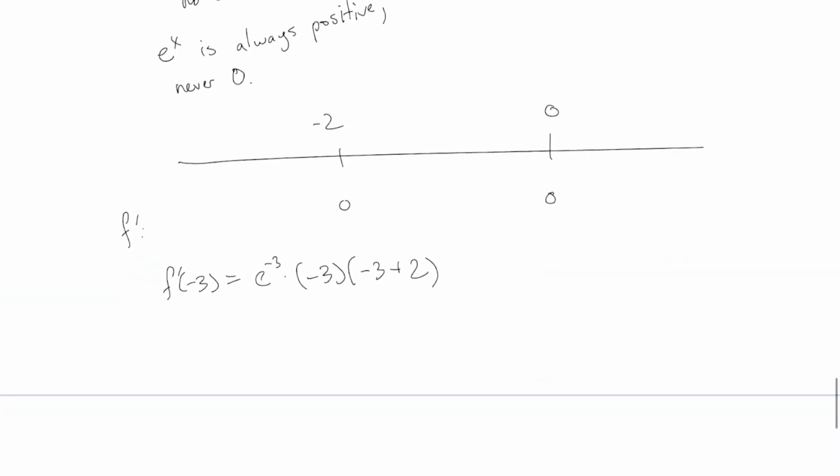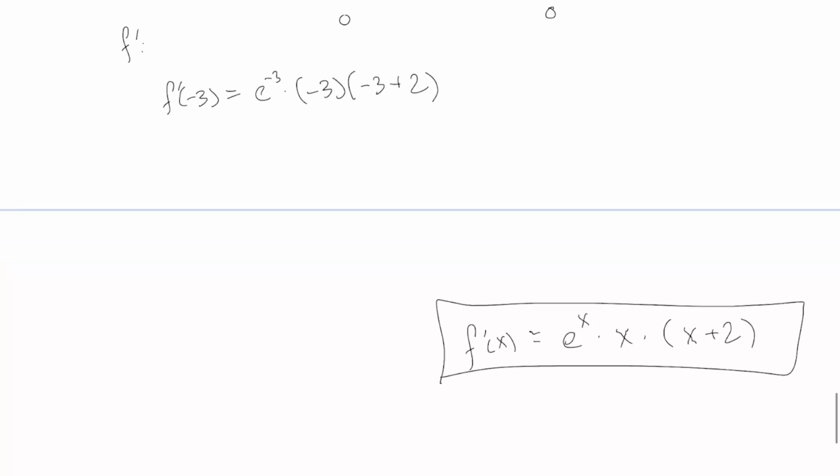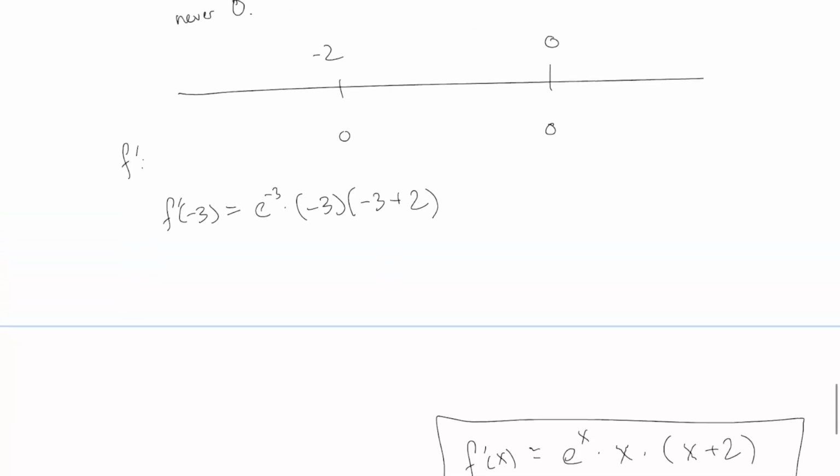Even if it's a negative x, e to the -3 is positive. How can e to the negative number be a positive number? It's because remember, a negative exponent means 1 over e to the 3, and that's positive. So anyway, positive. -3, of course, is negative. -3 plus 2 is -1, which is negative. So that is a positive on the left side.